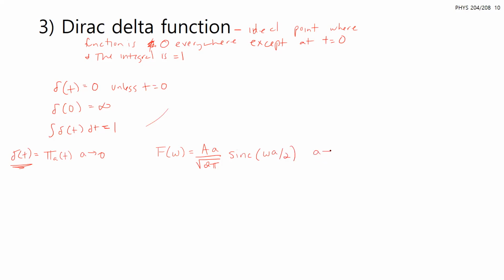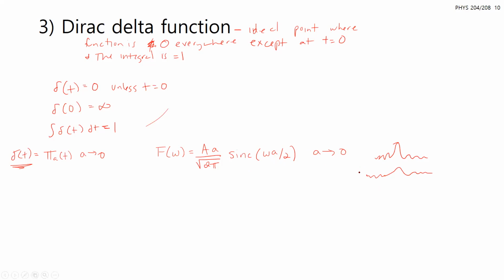So this is when a is going to 0. If we keep decreasing a so it gets closer and closer to 0, what we would get is, if I poorly draw out the sinc, that it'll keep broadening and broadening out.